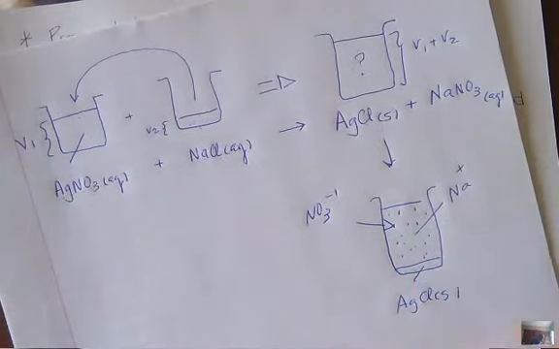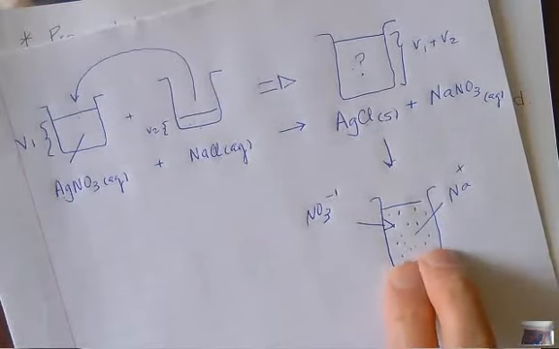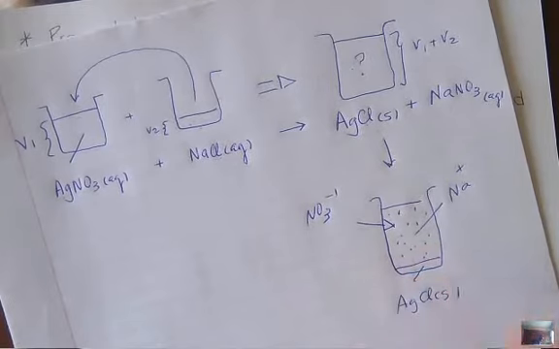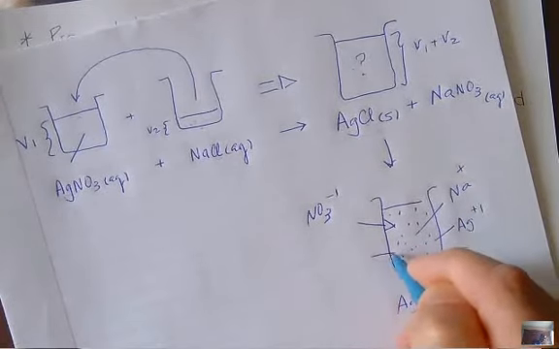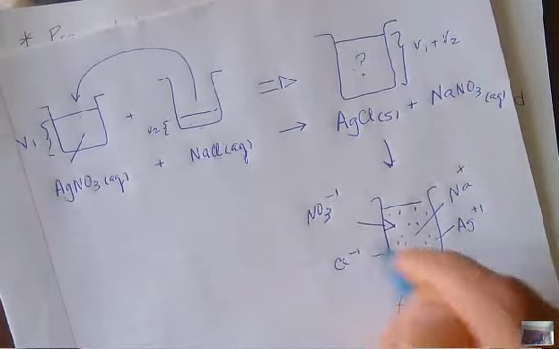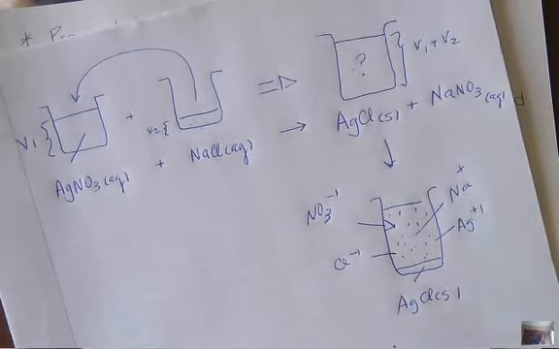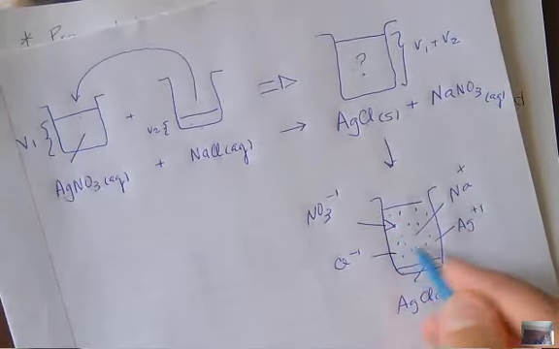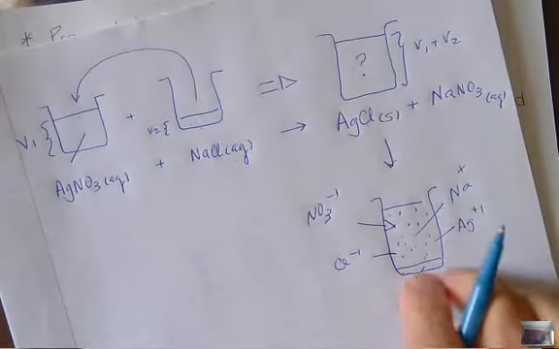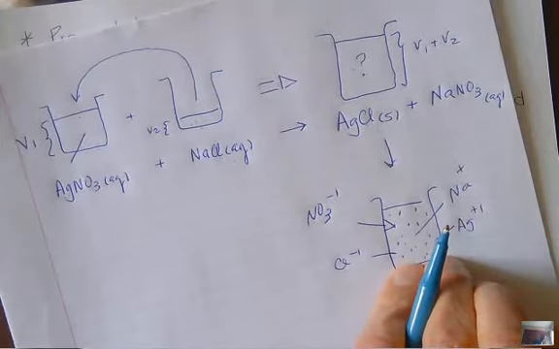If QC turns out to be less than KSP, then my solution is unsaturated. I have not maxed out the total amount of silver ions and chloride ions that the solution can hold. If QC is equal to KSP, it's exactly at solubility. Don't have any extra, right?